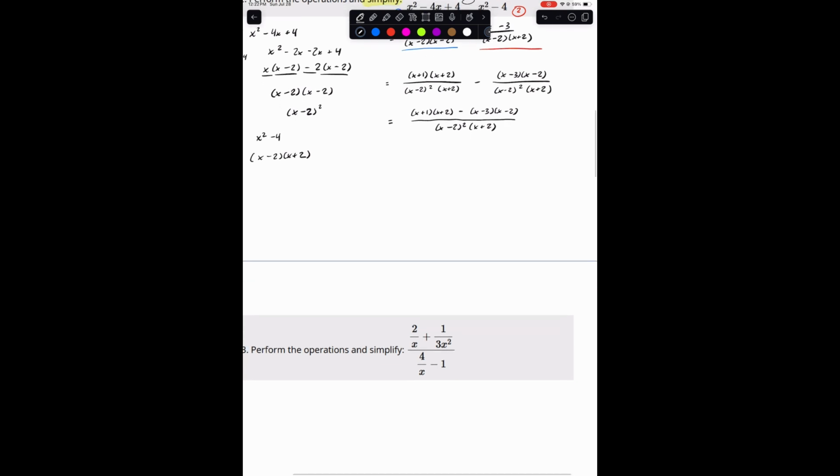Okay. The top simplifies down, or we can do it the left side. So x squared plus 2x plus x plus 3, and we minus x squared minus 3x minus 2x plus 6. All of that. We can simplify out that right side, the left side of the denominator. That's x squared minus 4x plus 4 over x plus 2.